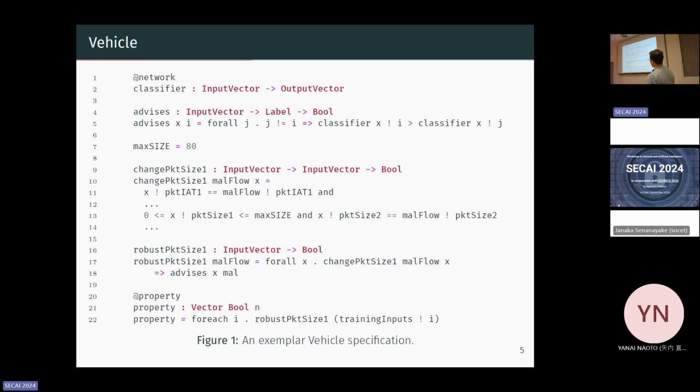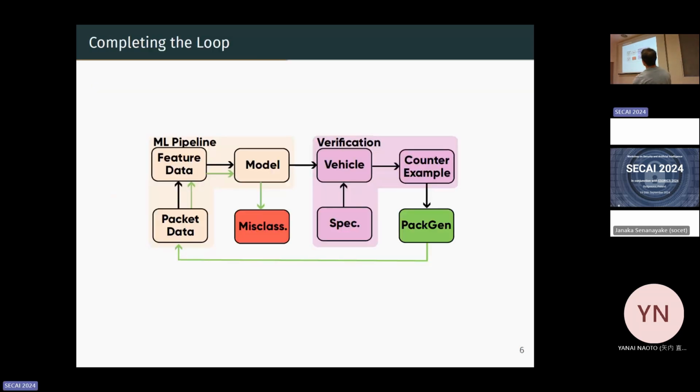So this is our robustness constraint, and then we have a final property which we check for every single training input. If this were to produce a counterexample, it would look quite a lot like an adversarial example. So these are our specifications, and this is quite long.